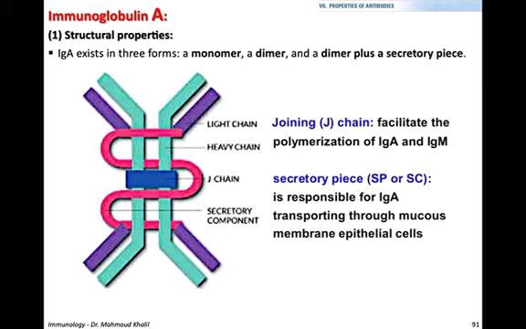While the secretory piece is very peculiar to IgA, and besides its function mentioned in the previous slide, it is responsible for transportation through the mucous membrane of epithelial cells, because of the importance of IgA in combating pathogens in secretions from our body, like tears and saliva.